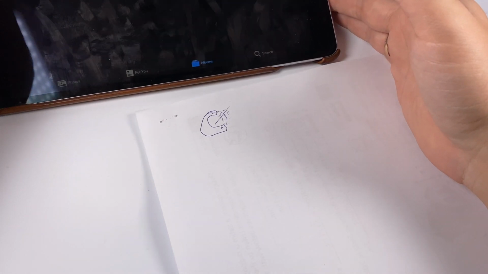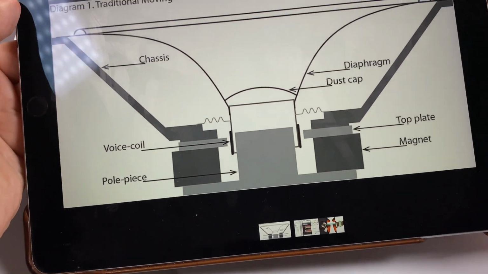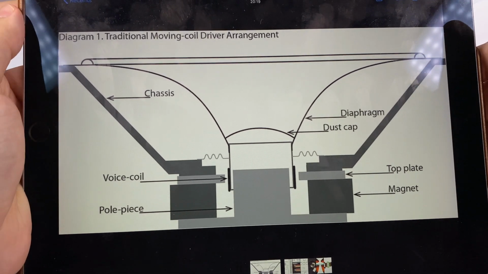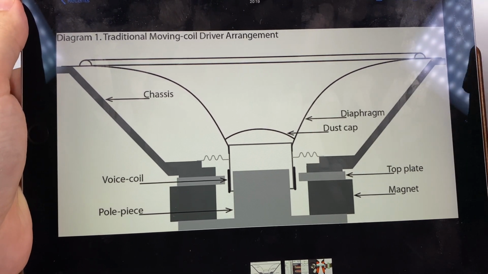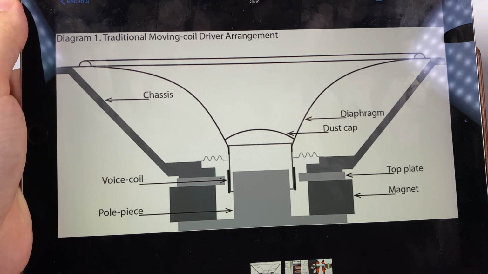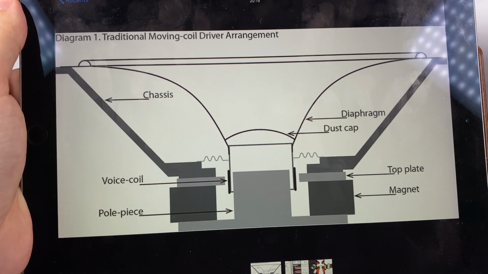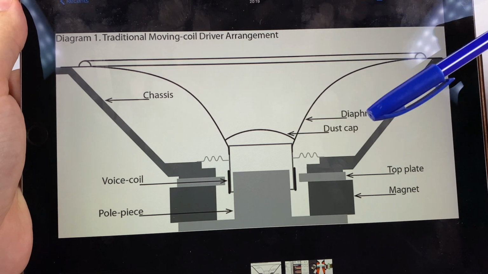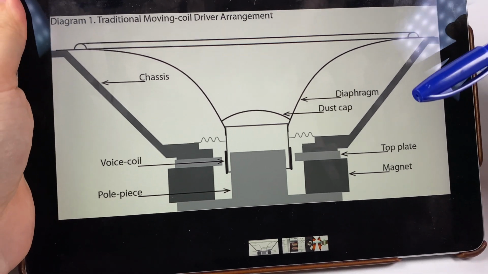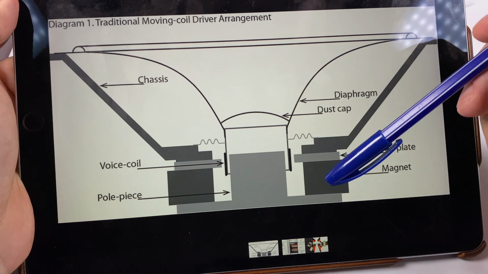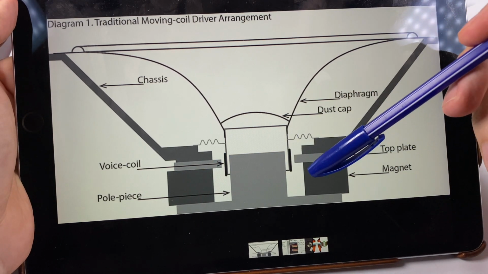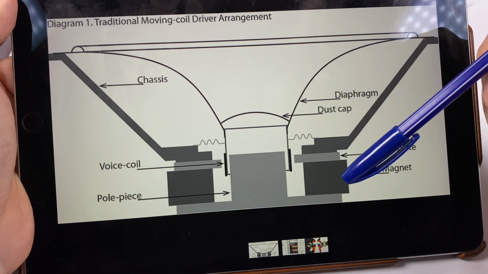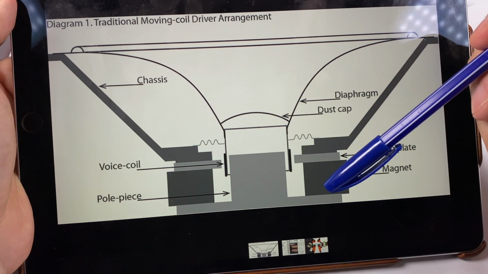And probably let's start with the classical dynamic driver. I prepared some illustrations. This one is a horn-like driver that is used in big speakers, but it illustrates the idea well, so no big difference. As you can see, there is a static magnet. It's usually circular, and it produces a static magnetic field.